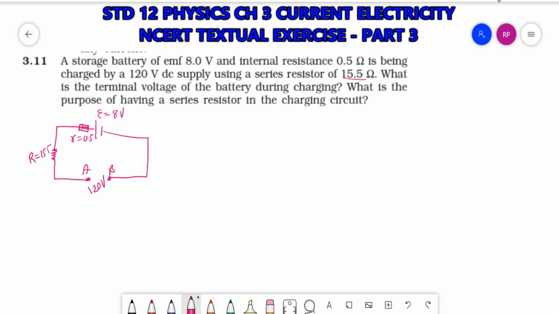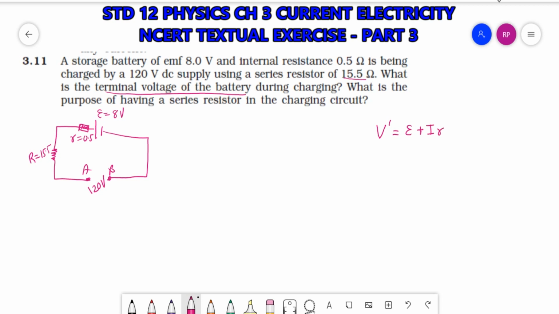So the charging takes place. Now what is the terminal voltage of the battery during charging? See, when the battery is discharging, the terminal voltage is epsilon minus Ir. But when the battery is charging, the terminal voltage will be epsilon plus Ir.